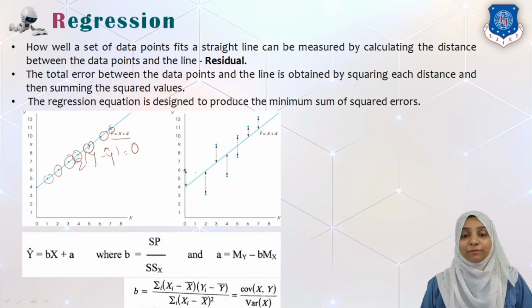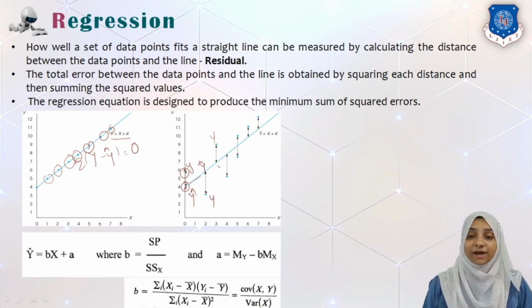Here our data points might be at different places and the fitted line has a different equation. So this value is actually called y, and this particular value which is projected over the fitted line is called y cap. Similarly, this is y for the second point and this is y cap for the second point. Likewise, this is y and this is y cap. Here also these are the y values and the projected values over the line are called y cap.